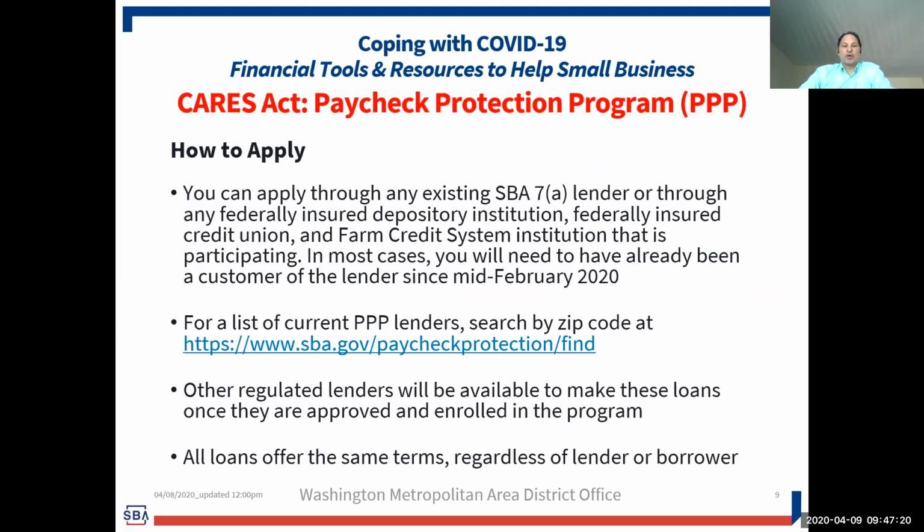And I presume they are working on some problem, because if your institution doesn't want to be a PPP lender, and the other lenders won't do it for you because you're not their customer, well, this is not fair and you should have access to it somehow. They're working on it somehow. And we'll let you know as soon as we find out.